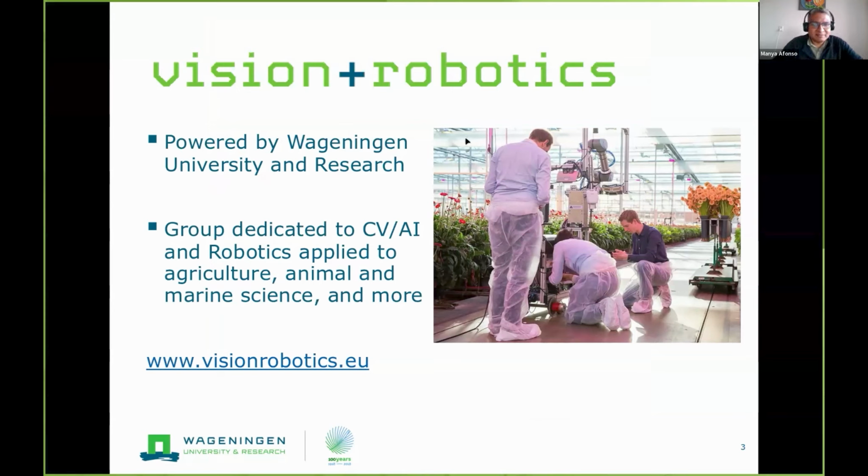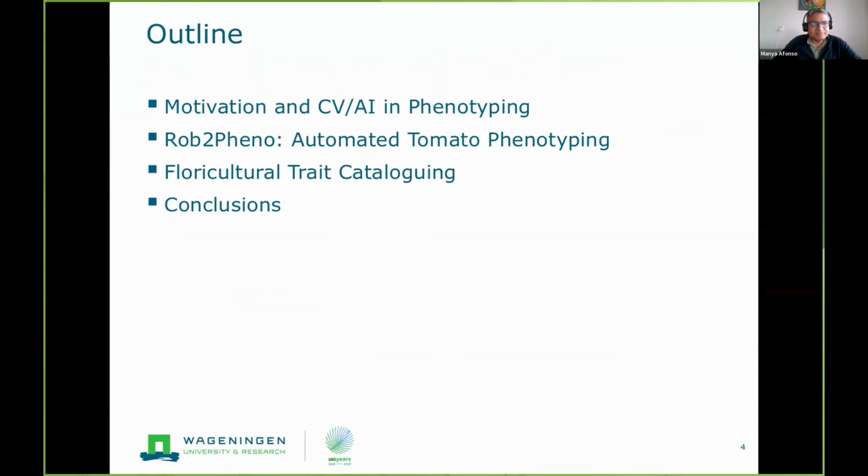And I work in the group called Vision Plus Robotics. We are a group that's dedicated to computer vision, AI, and robotics, not just to agriculture, but also to other areas such as environmental science, conservation, animal and marine science, and more recently, even sports. You can visit our site to get an idea of what we do.